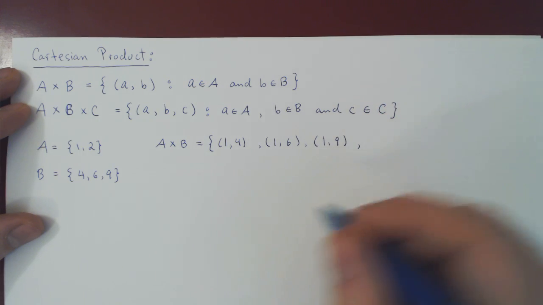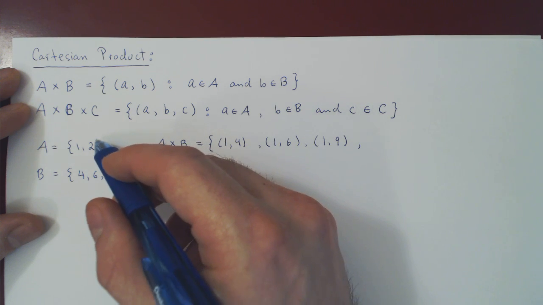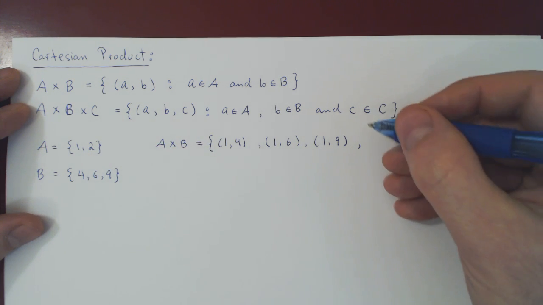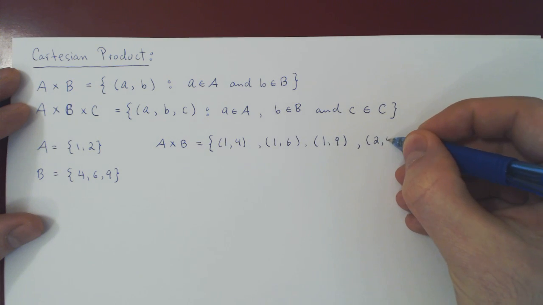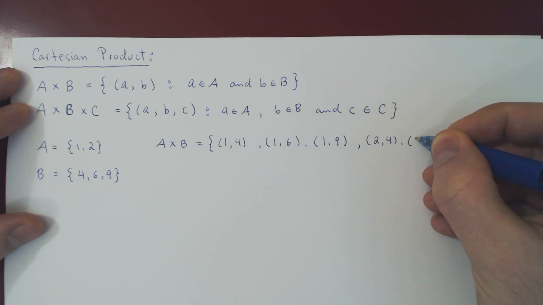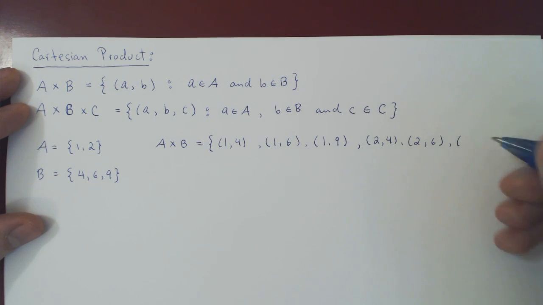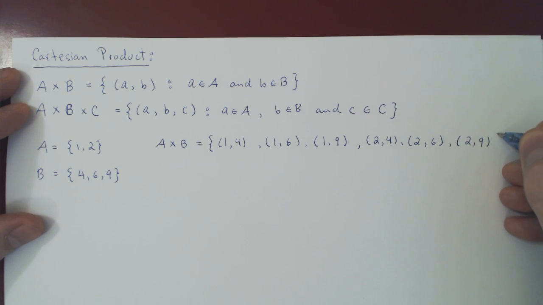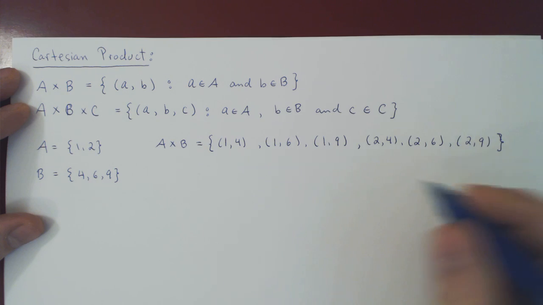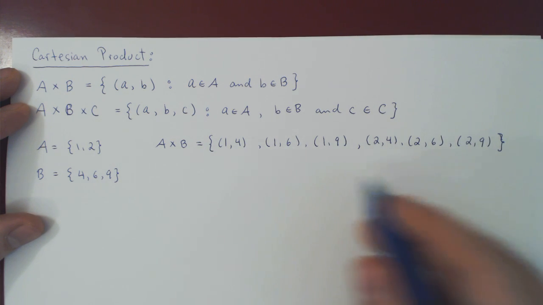That's 3 elements. By fixing the first element of A, well, we could have fixed 2, the second element of A. So then we could have 2, 4. We could have 2, 6. And we could have, finally, 2, 9. And that is A times B, the Cartesian product of A and B.